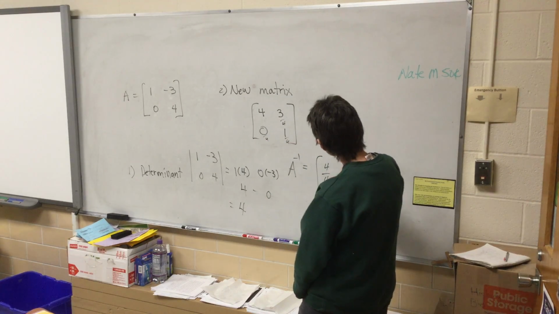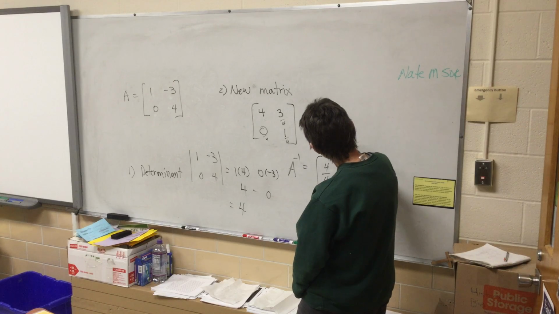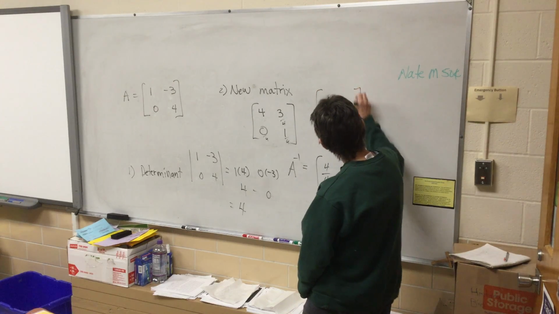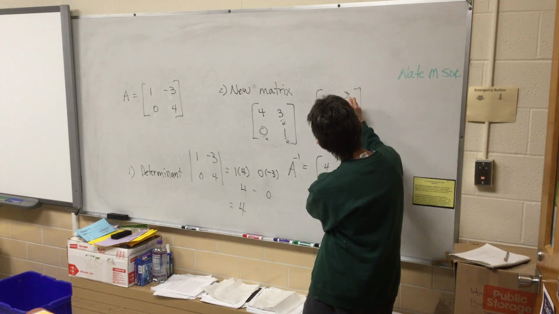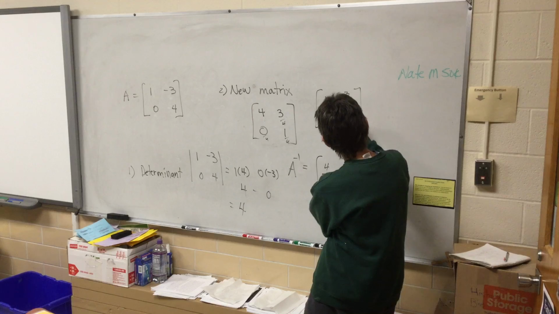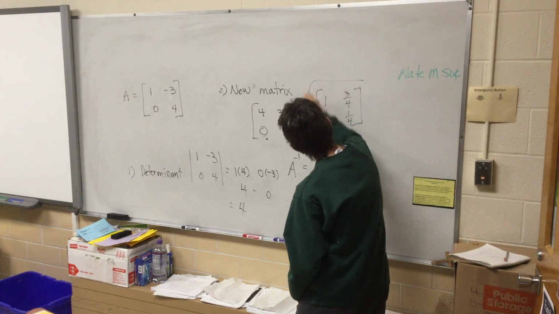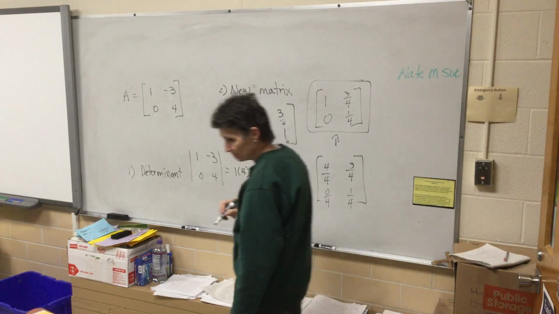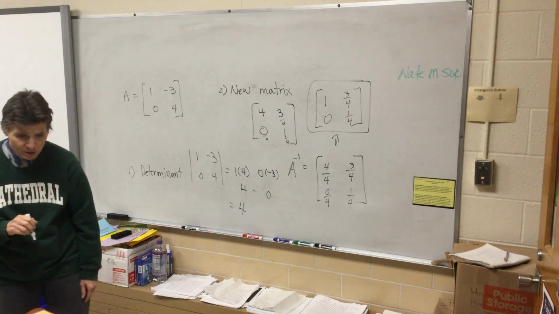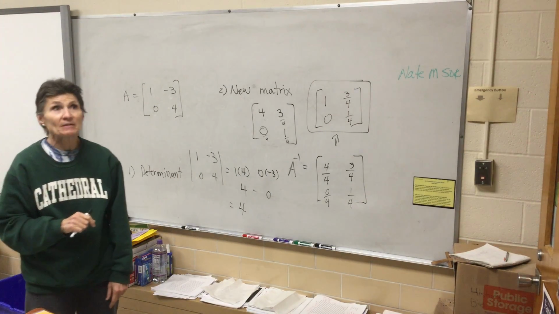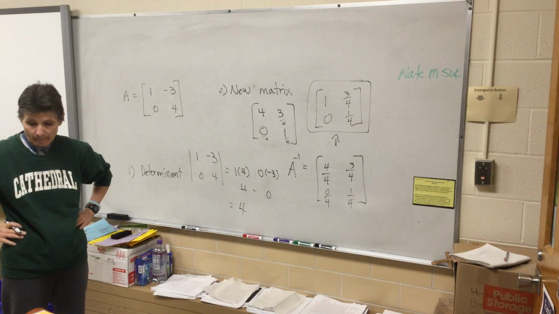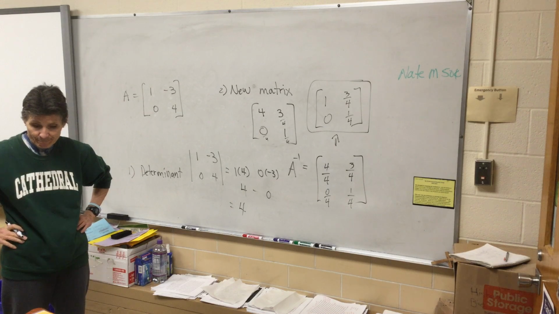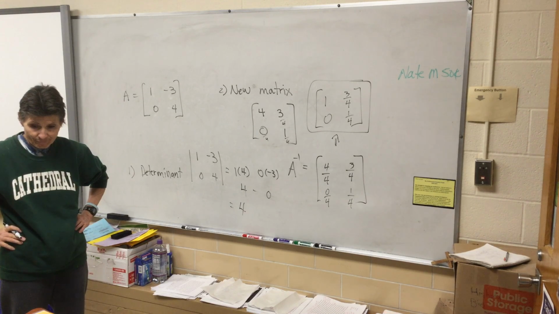Now, if it can simplify, you should simplify it. So maybe you did that as you went. I did not. So I'm going to have 1, 3/4, 0, 1/4. And that is my final answer. We always want to reduce our fractions if it's possible to do so. Okay?